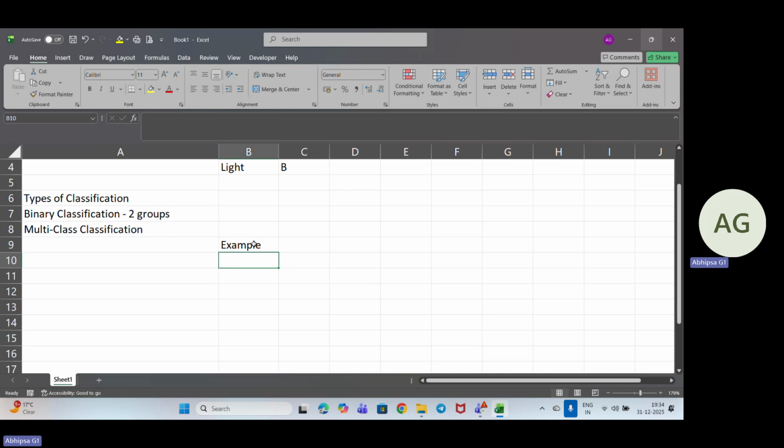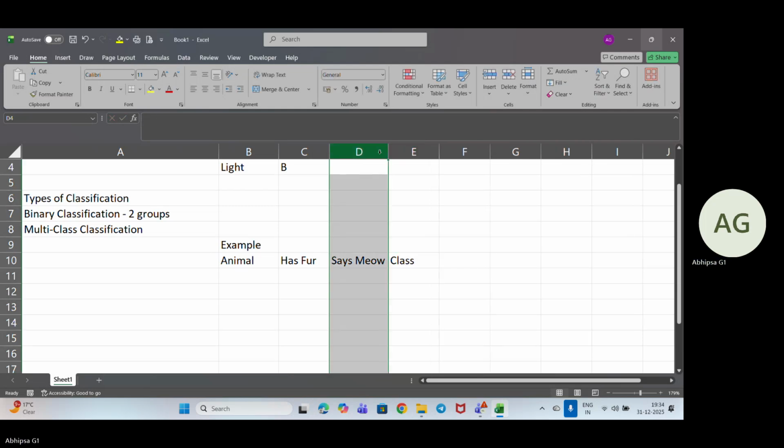First would be animal. Next, it has fur. Maybe it says meow, and we have the class.